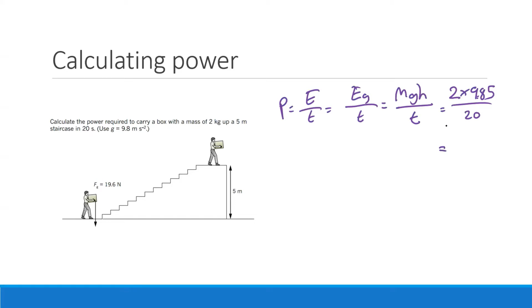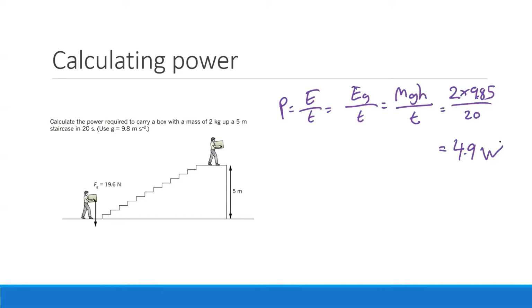So 2 times 9.8 times 5, all divided by 20, is 4.9 watts. 4.9 watts, because remember, power is measured in watts.